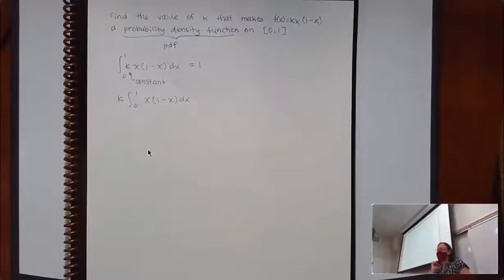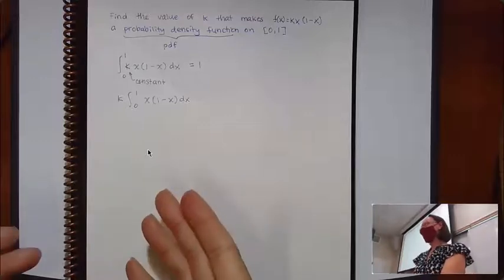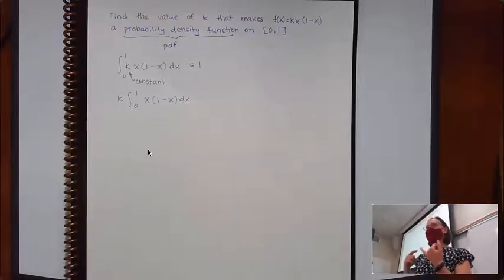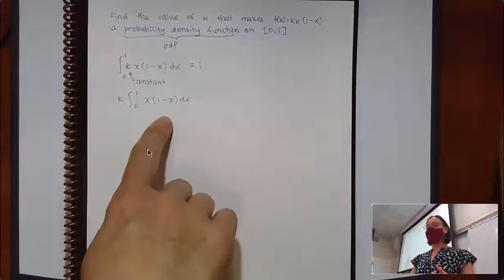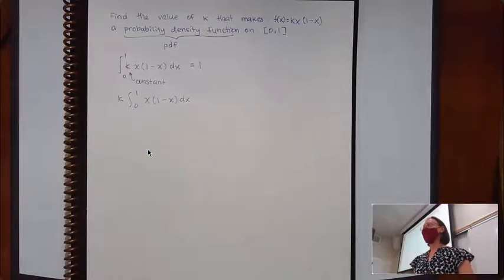There's a question in the chat. The final is cumulative, but you might expect some problems like this, where I'm testing you on the new stuff, but in order to get through it, I can write a probability density function that requires you to use different techniques of integration.